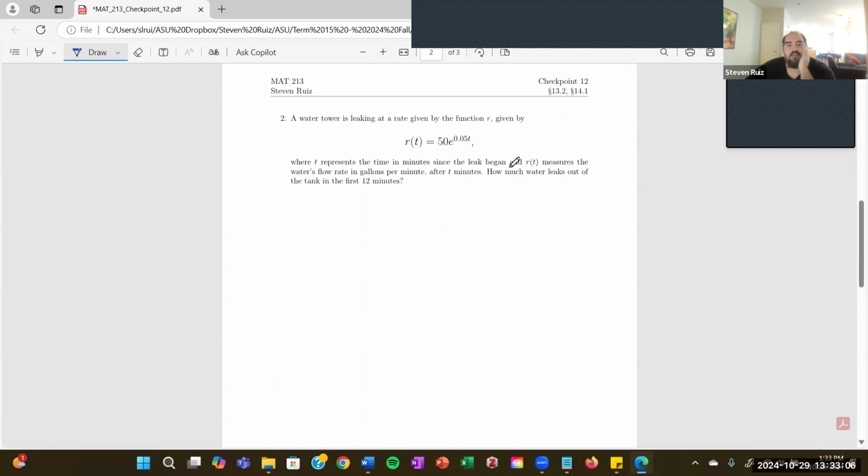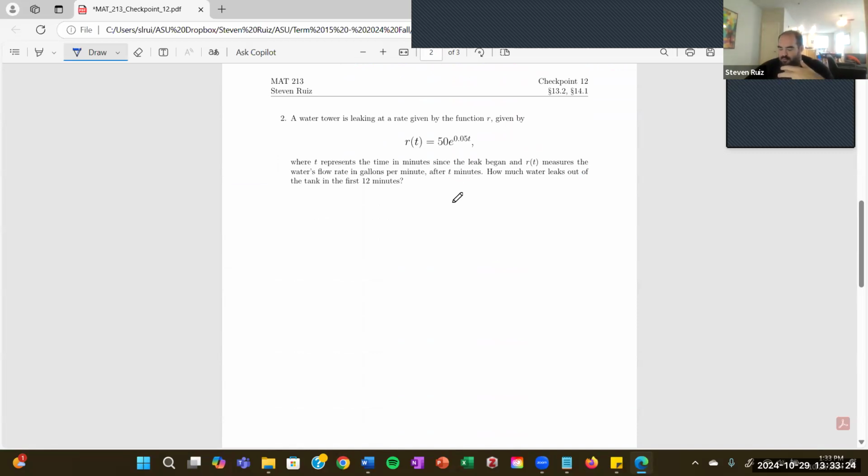So similar setup, I am given the rate of change of something, and I want to find from that rate of change, like I don't want to use the word volume because it's not always going to be a volume, but a quantity of something.